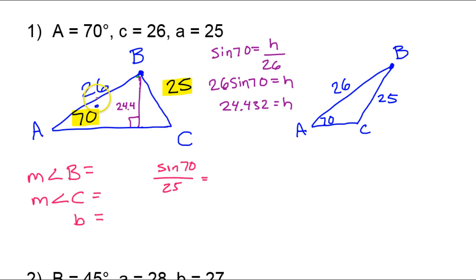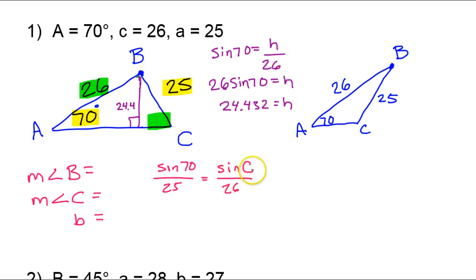So I see the 26 that we haven't used yet. That 26 is across from angle C. So that means this should equal the sine of angle C over 26. So I should be able to solve this for angle C.